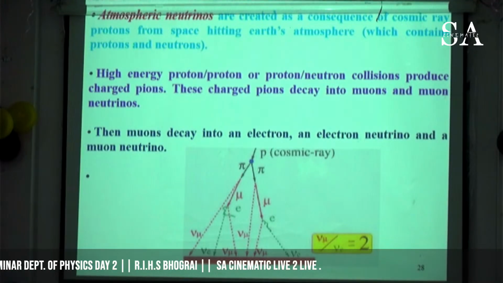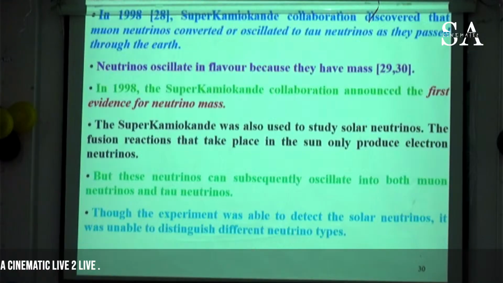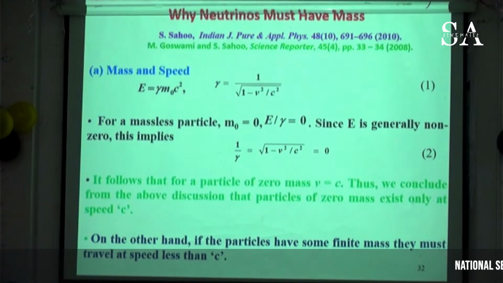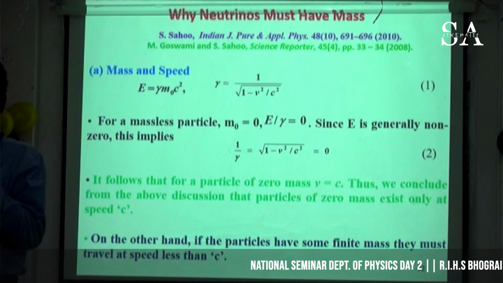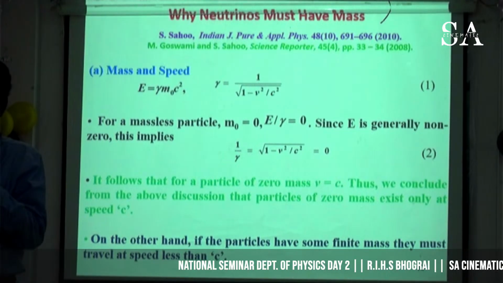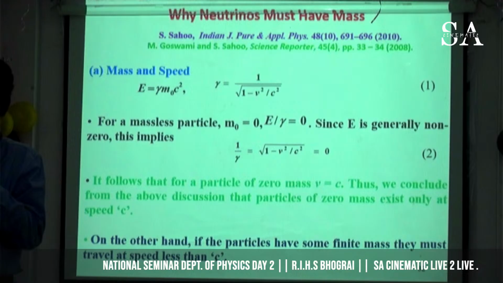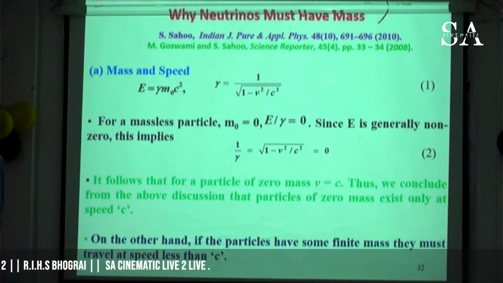Then where is that missing? Due to that, I was telling you, there are some experimental restrictions. What happens is that when these atmospheric or solar neutrinos are coming towards the earth, we detect them only at the end. On the way, from the sun or from the muon decaying time, they are transformed from one form to another.